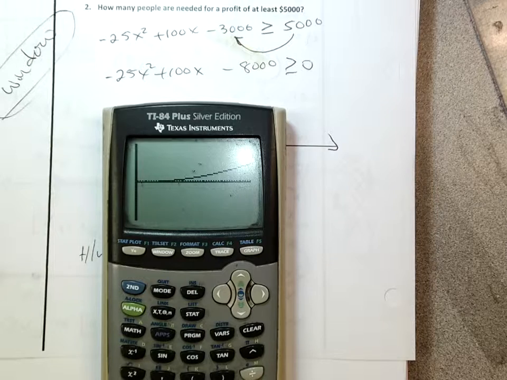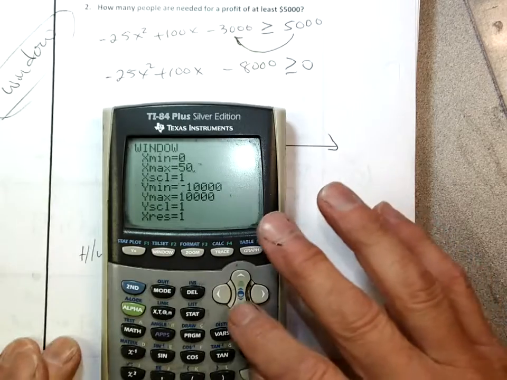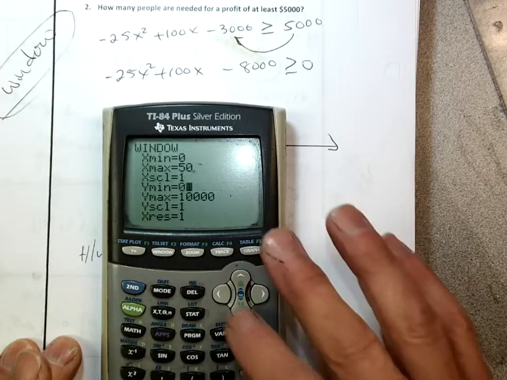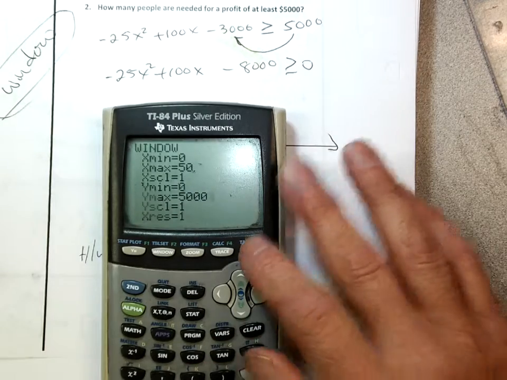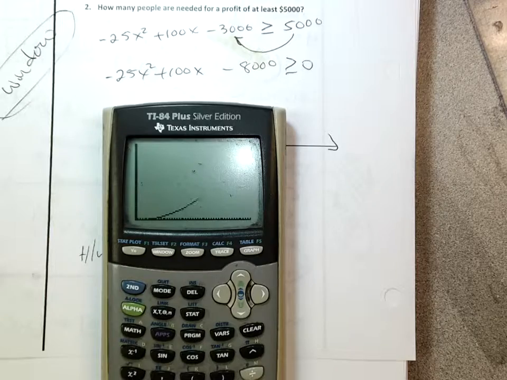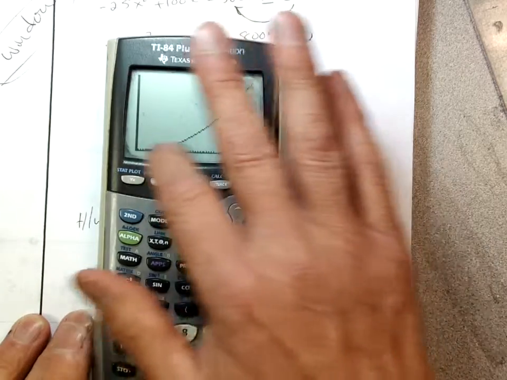So let's change my y values maybe, and we'll go from, say, 0 to, I don't know, maybe 5,000. Alright? Still not seeing what I want to see, right? So let's squeeze it some more.